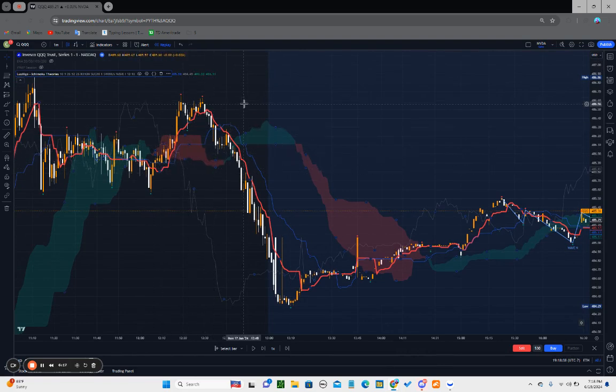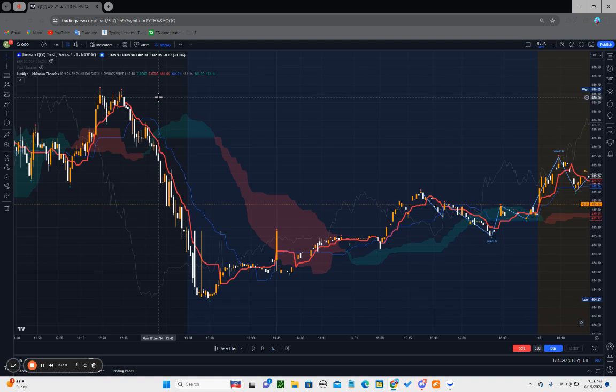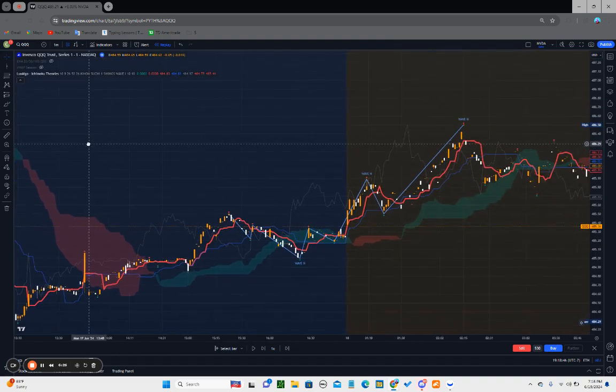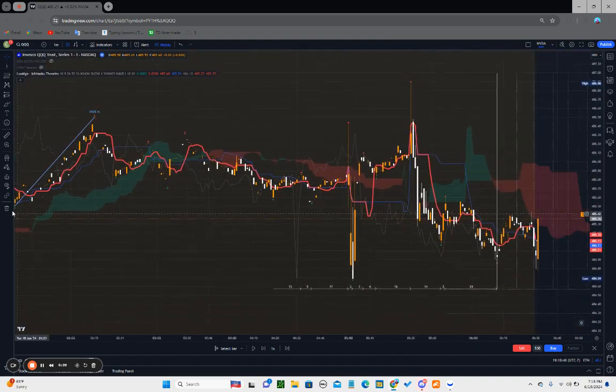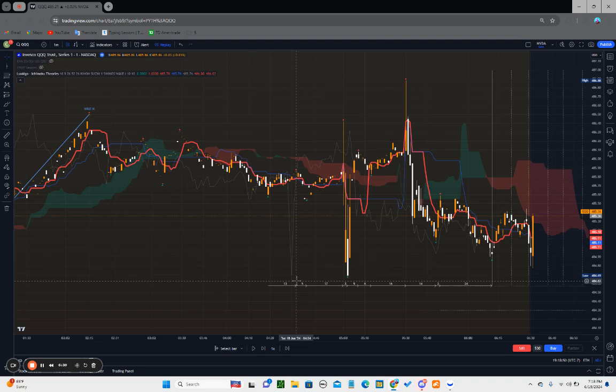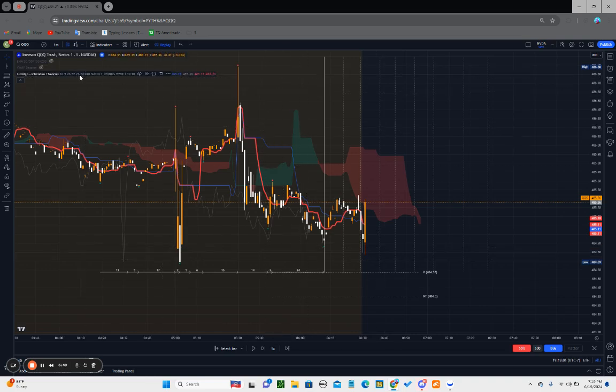The conversion line is basically the average of highs and lows over a time horizon of 9 periods, e.g. 9 candlesticks. So it's basically a more precise 9 EMA, because rather than just the average price of 9 candles, it's the average of the highs and lows. That would be the red line for this indicator.